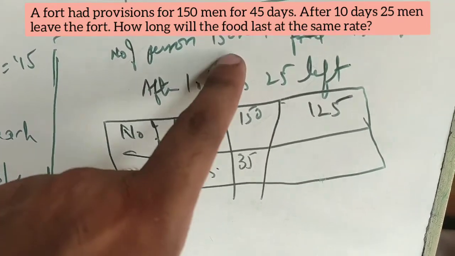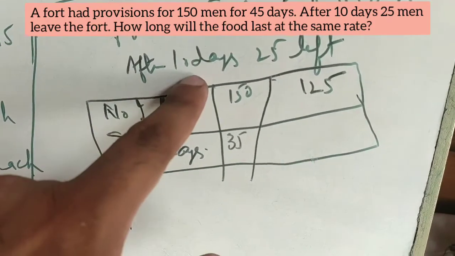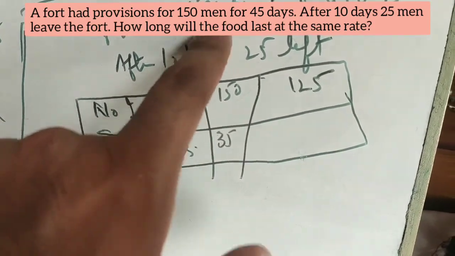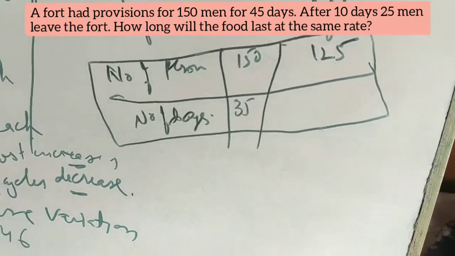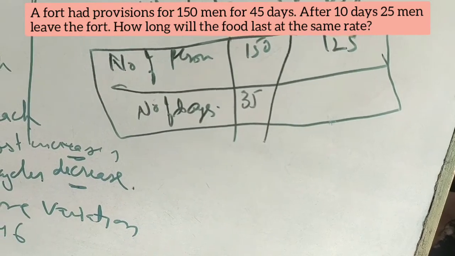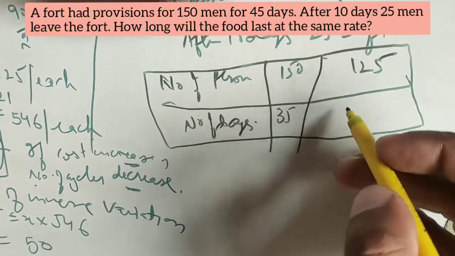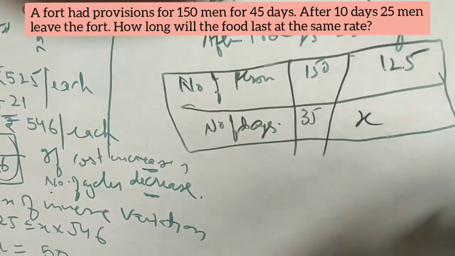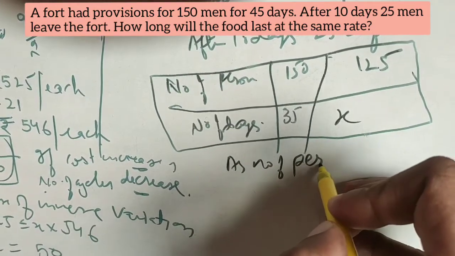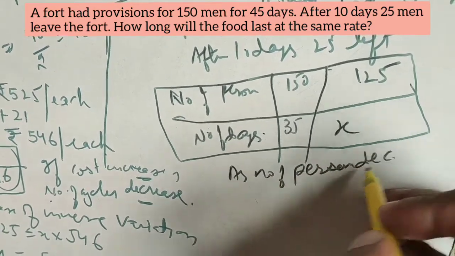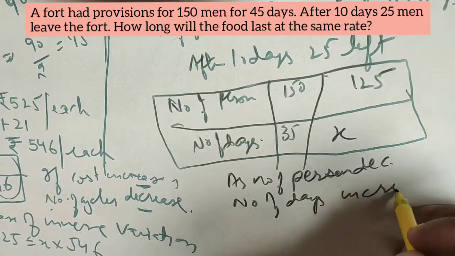Listen, 150 men for 45 days. So it means the remaining food, after 10 days, for 150 men should last for 35 days. For 150, how many days will it last? 35 days of work should go on, because 10 days they have already eaten. But now it is not 35 days, because now the number of people is 125. So as the number of persons decreases, the number of days will increase.